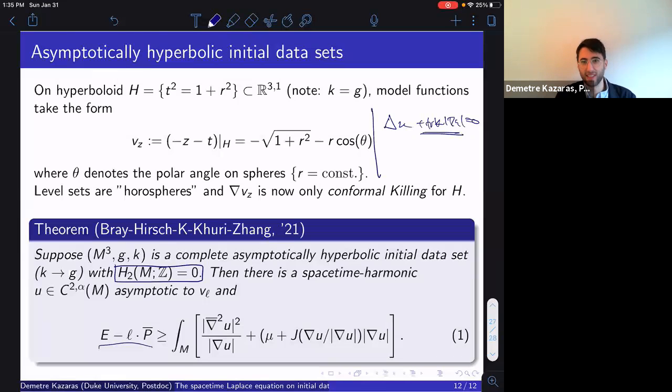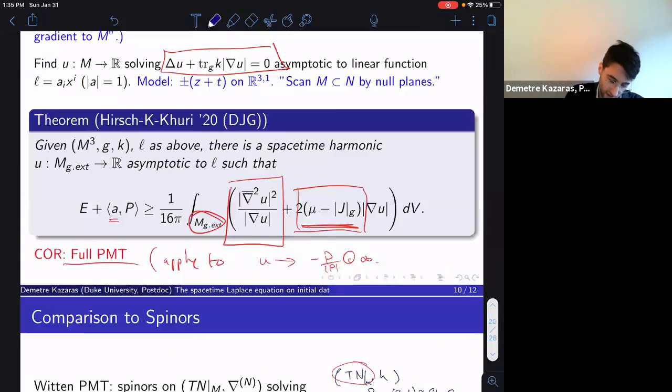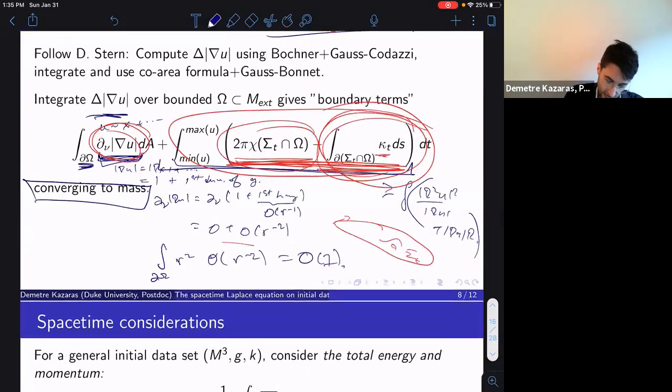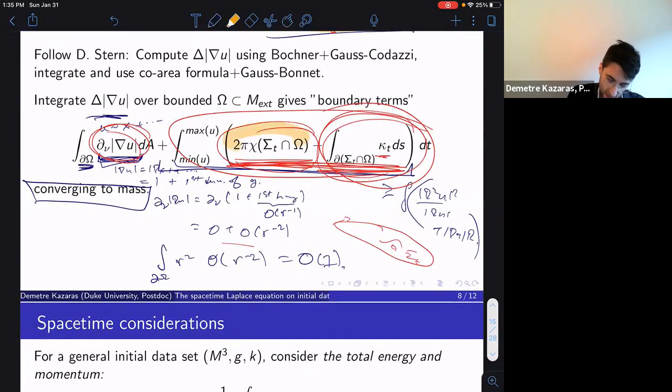And these complexities compound in a way that forces us to make this extra assumption of no topology. The no topology condition, just to be clear and to finish the lecture, comes at this stage that we saw quite a while ago, where you need to arrange for this Euler characteristic of these level sets to be less than or equal to 1.